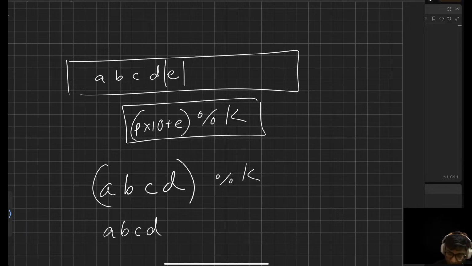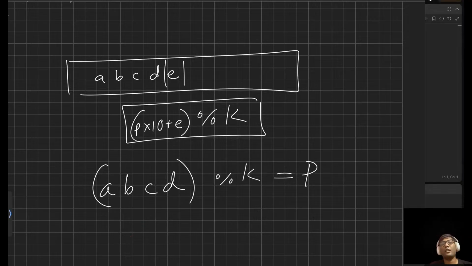We know that this is p. So abcd modulo k is p. That is what we are carrying forward up to e, and we are doing pe modulo k, and we want to show that both of these result in the same answer.